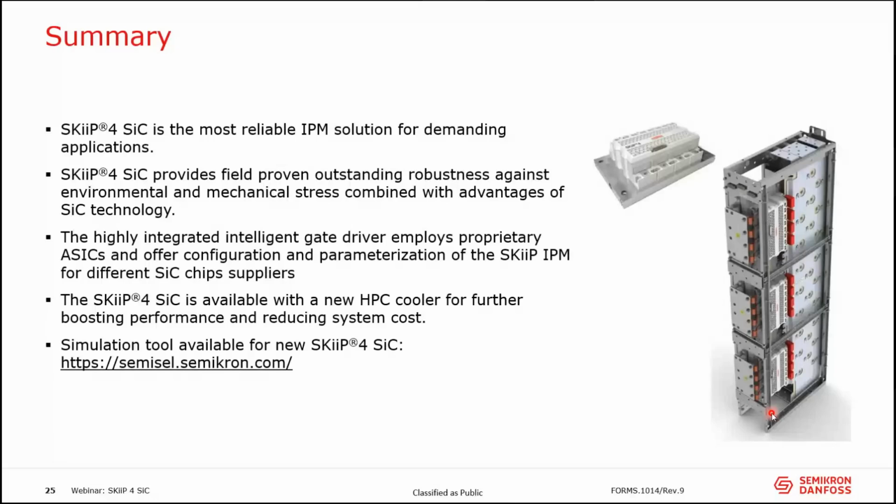And then I'll say the last question I have here before we just email the rest of the answers out. What is the end-of-line testing for these SKiiPs? We have an electrical test, that means that the electrical parameters of the chips are tested. We have a functional test because we have a lot of integrated protection functions in the SKiiP: overcurrent, overvoltage, over-temperature protection for chips and for the drivers, and a lot of other functions are tested.